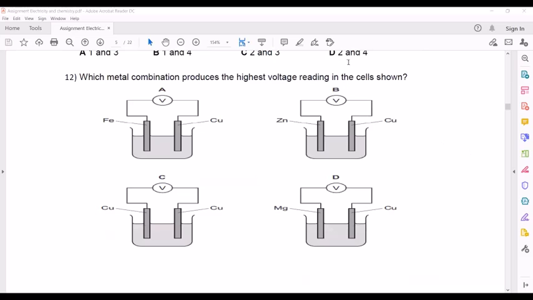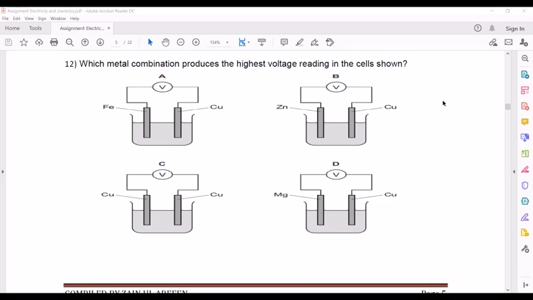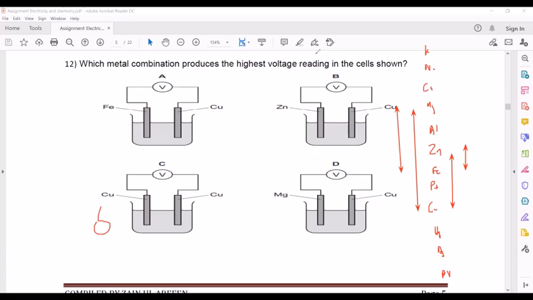Which metal combination produces the highest reading? Yeah, that's correct. D is the right answer, because magnesium and copper have the greater difference in reactivity, so it produces the highest voltage.